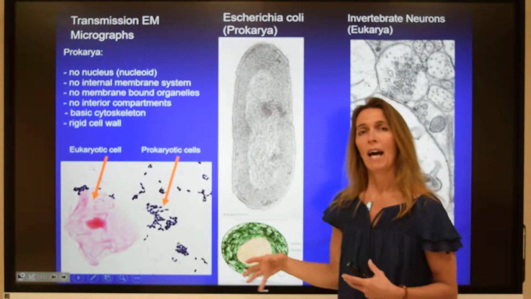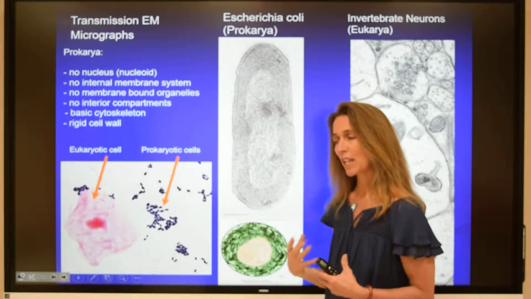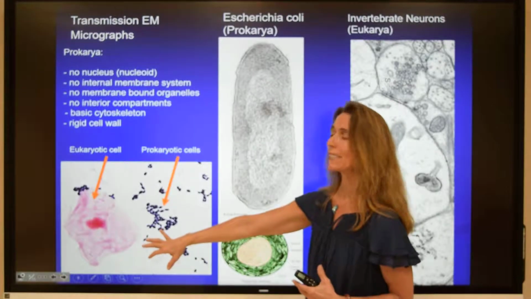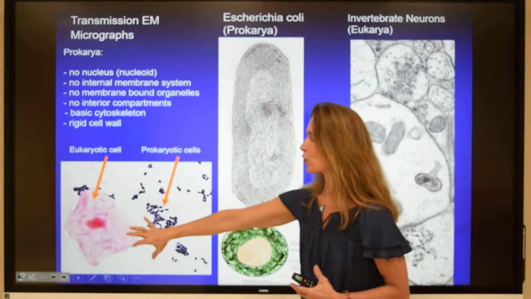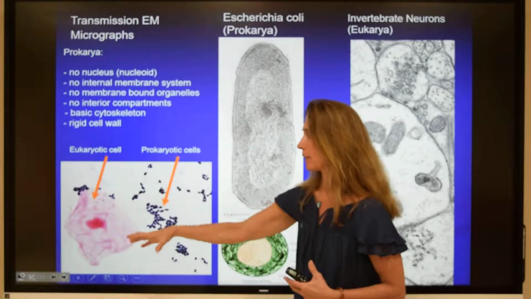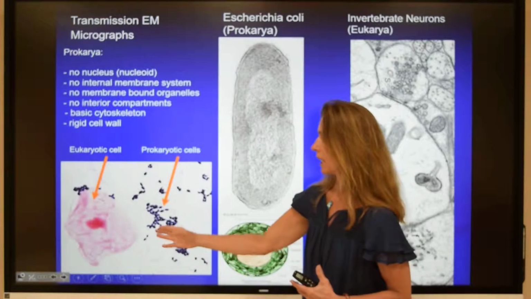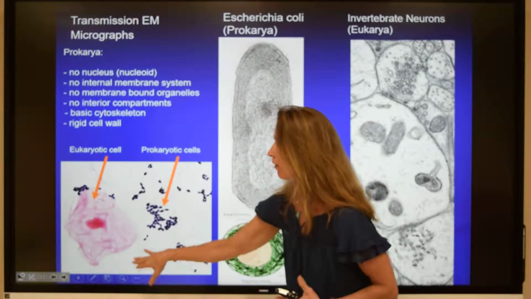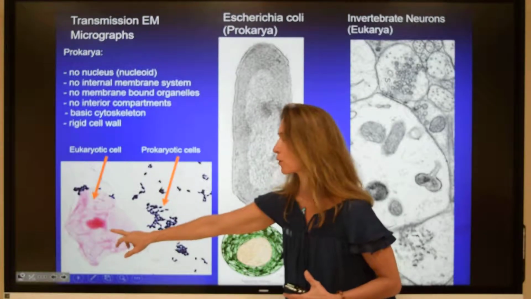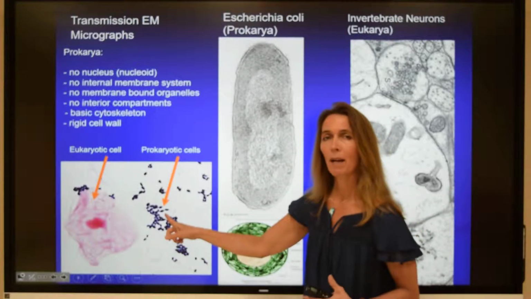To give you a feeling for the size difference between eukaryotic and prokaryotic organisms, I've incorporated this picture, which shows a eukaryotic cell. This patient suffers from a bacterial infection, and you can see a cell of this patient with its very characteristic nucleus, so it's a eukaryotic cell, and these here are the bacteria.